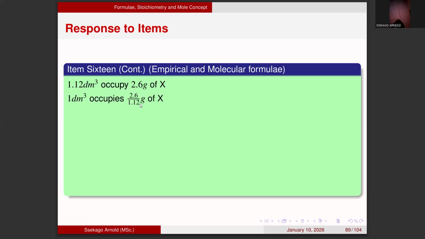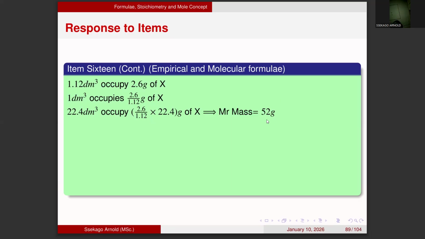Then what of the standard at STP? 22.4 decimeters cubed is the volume at STP, and this represents 1 mole, and 1 mole is molecular mass. So it will be 2.6 over 1.12 times 22.4 grams. Calculating this, we obtain the molar mass as 52 grams.